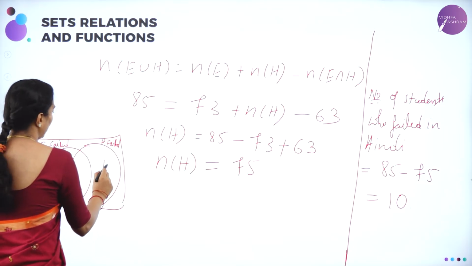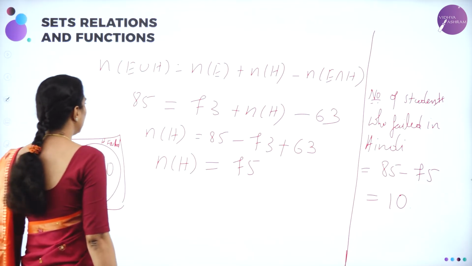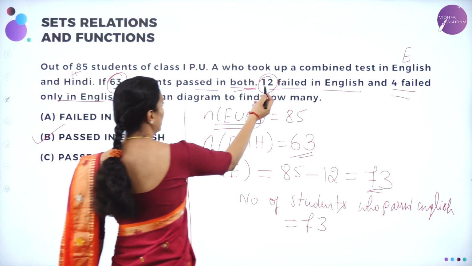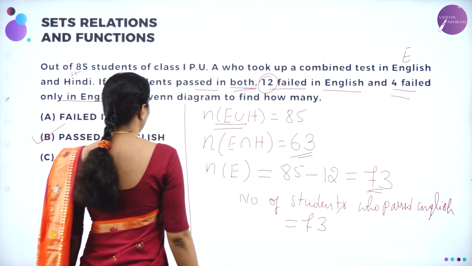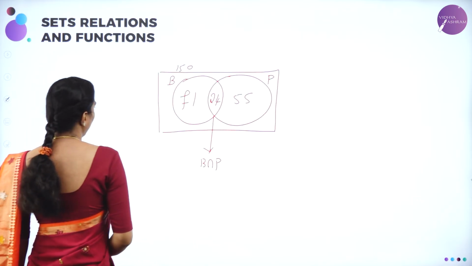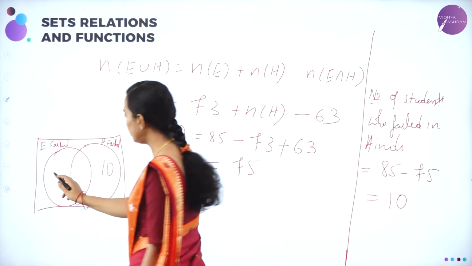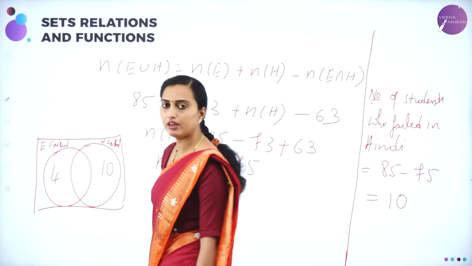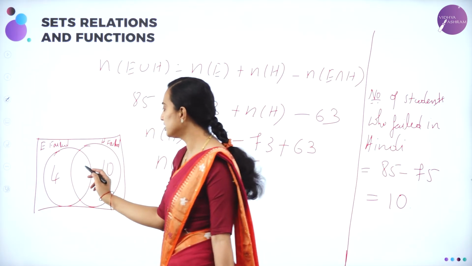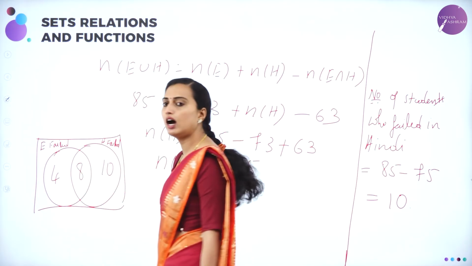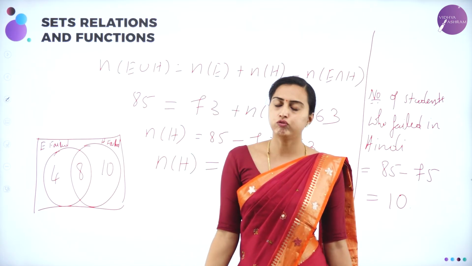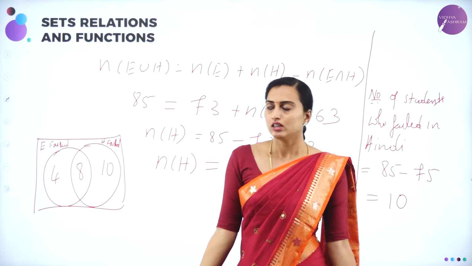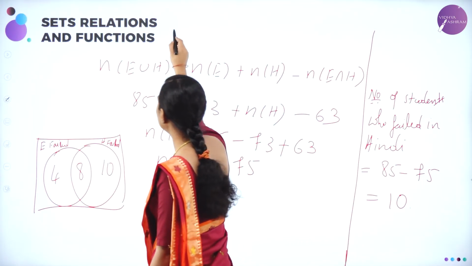Hindi failed is 10. And they have already given here 12 failed in English, which means 4 failed in only English. So how much will remain here? 8. 8 plus 4 is nothing but 12. This is how the Venn diagram will go. Therefore, 12 minus 4 gives you 8. That's it.